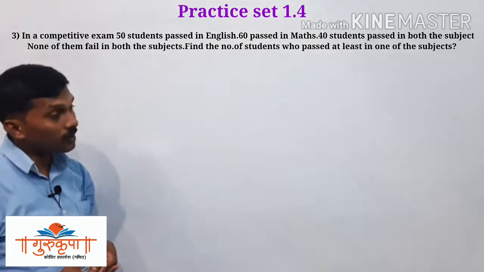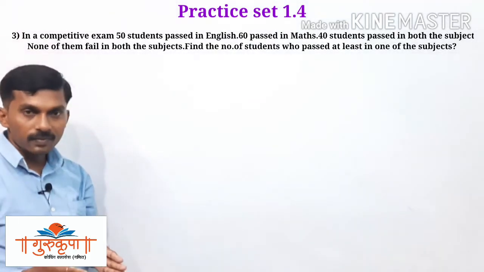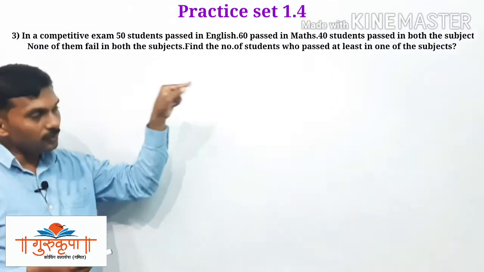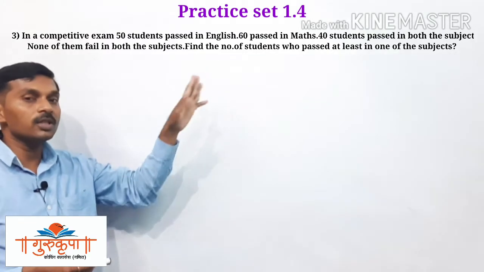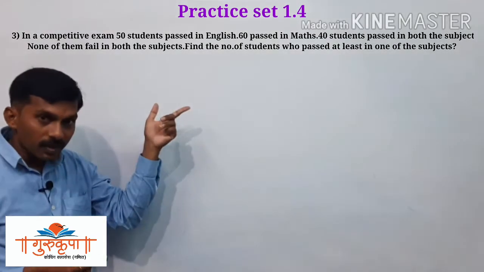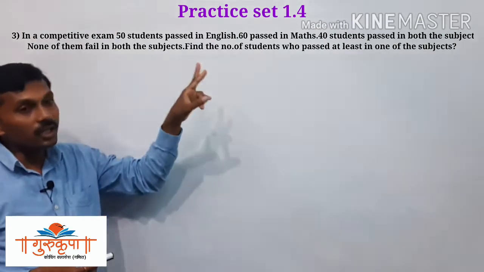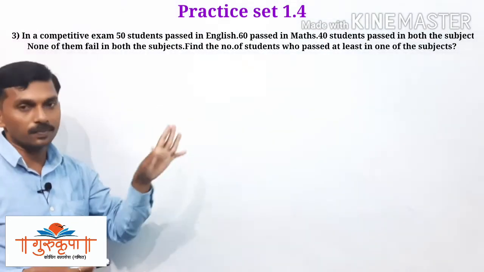Because of that information, none of them failed in both the subjects, the universal set and A union B, the union of the two sets, are the same.